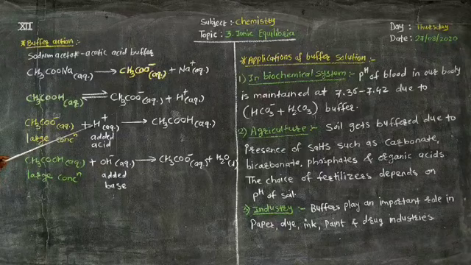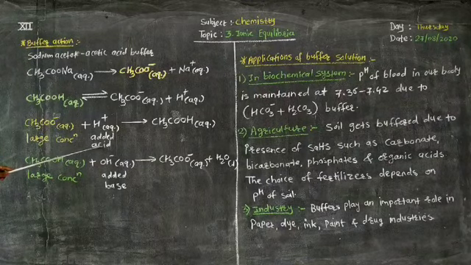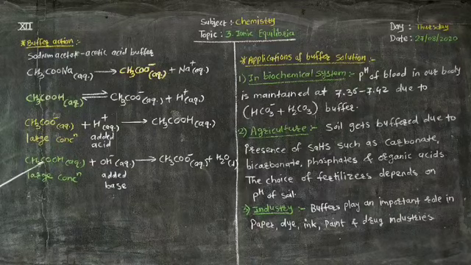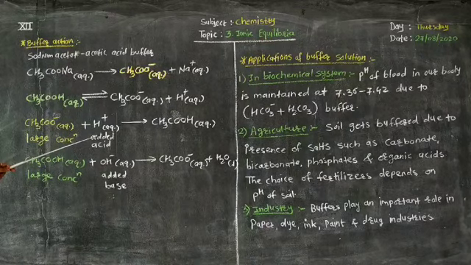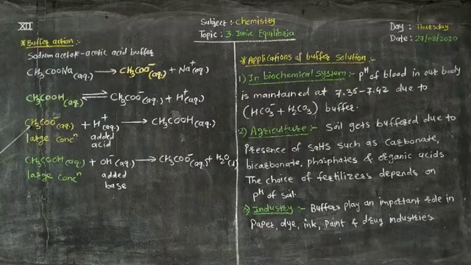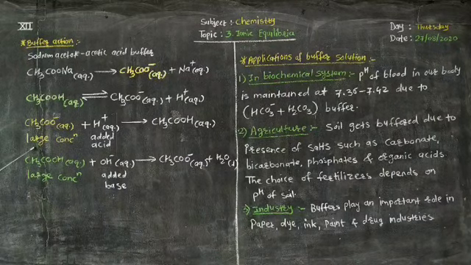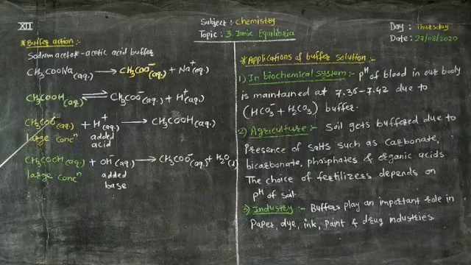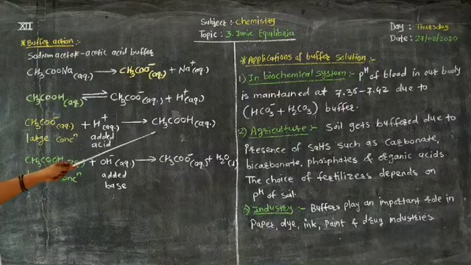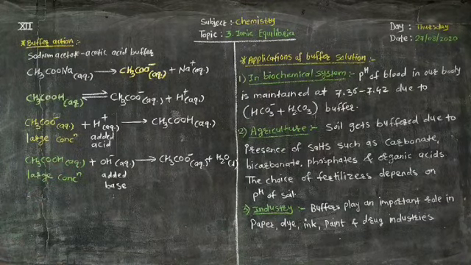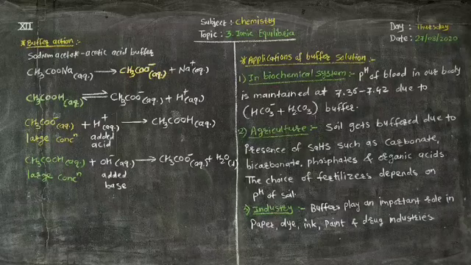So whenever a strong acid is added, H plus ions are provided. If a strong acid is added to this solution, the added H plus ions will be consumed by the conjugate base CH3COO minus present in large concentration. Hence the reaction CH3COO minus plus H plus gives CH3COOH in aqueous medium.